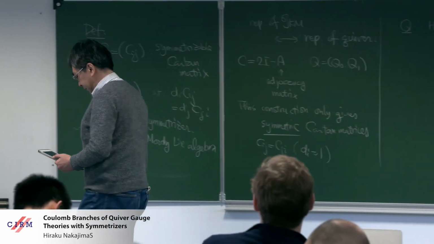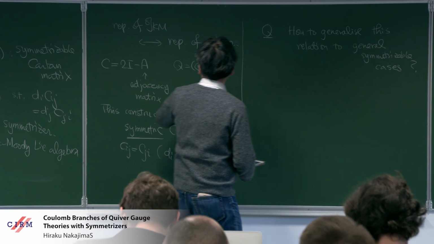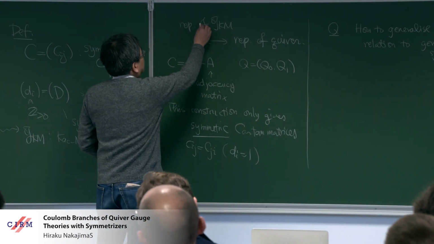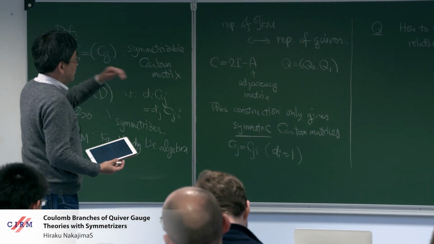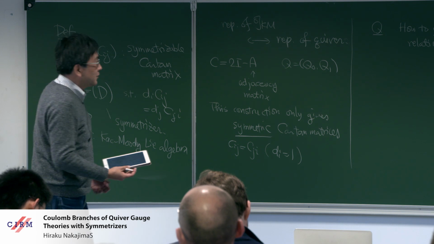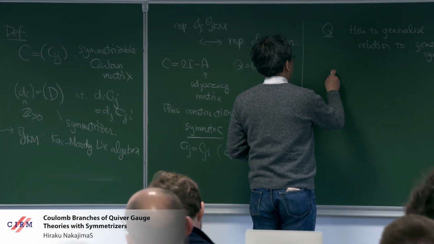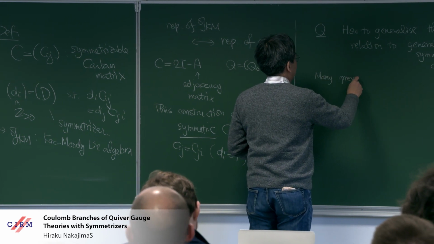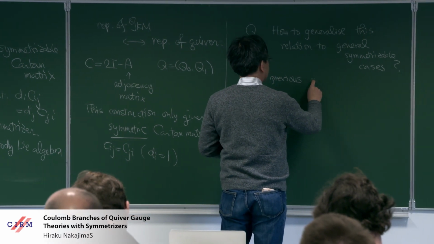As I mentioned, this relation between Kac-Moody algebras and quiver representations has a long history, so many people have already asked the same question in the past, and we have many previous answers.